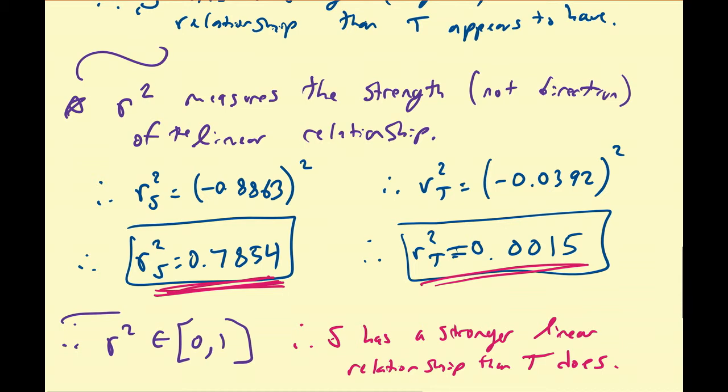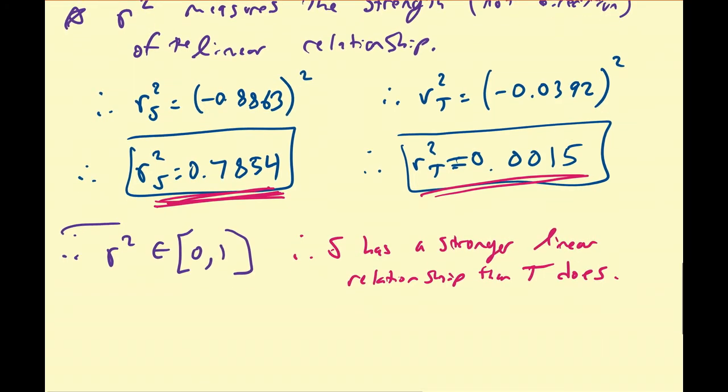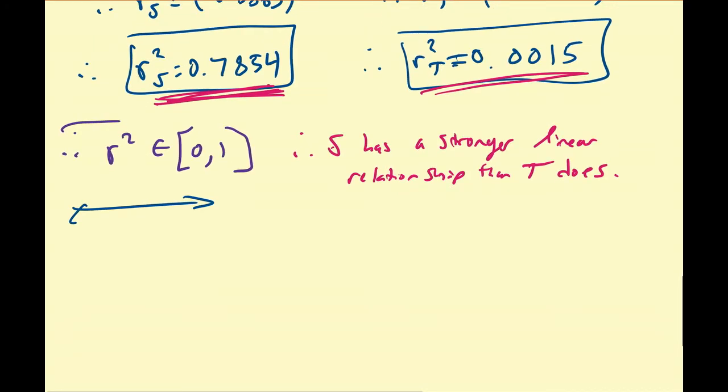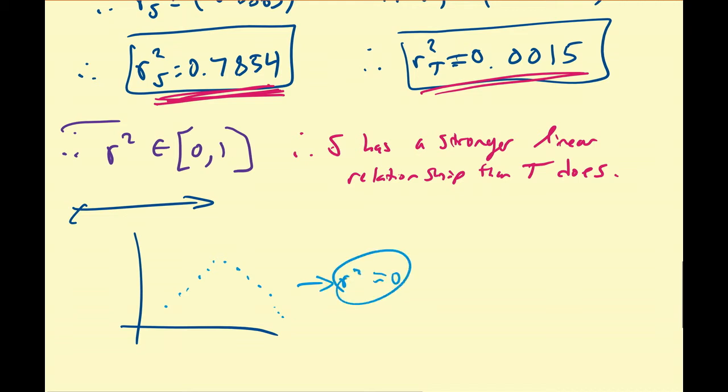And of course, I always recommend that you graph your data beforehand, because just looking at these numbers may give you some misguided ideas. If you calculate the Pearson correlation coefficient for a data set such as this, you're going to get an R squared value of approximately 0. Just because it's close to 0 does not imply that there is no trend.